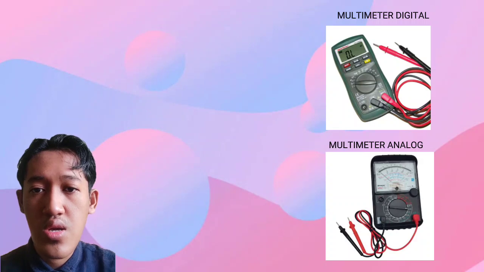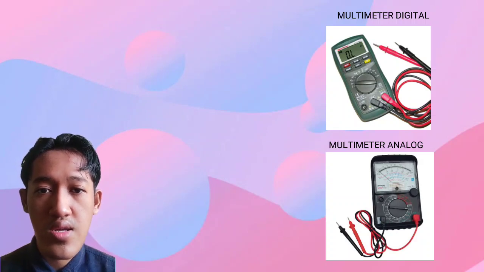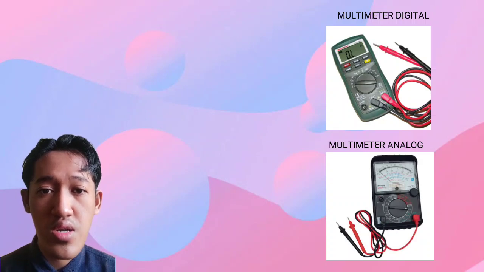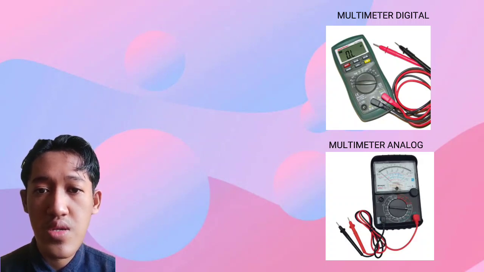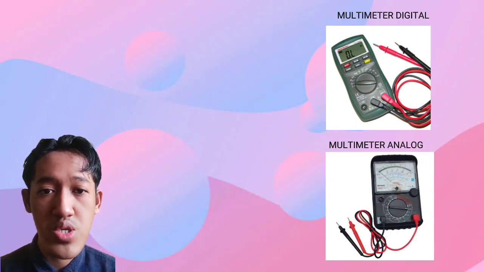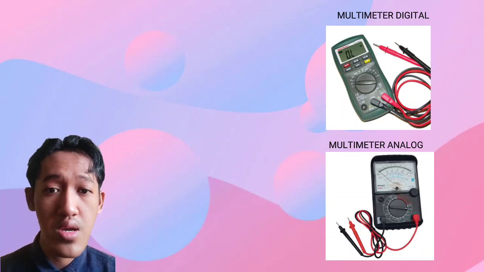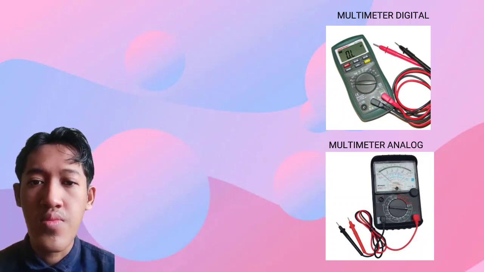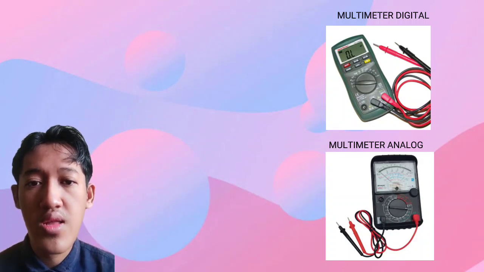Sector switch. This switch is used to select the measurement position and the measurement limit. Generally, this measuring instrument has 4 optional positions, namely resistance measurement, ohm, DC current, ampere, DC voltage, volts, and AC voltage, volt. 4. Positive and negative pole hole.